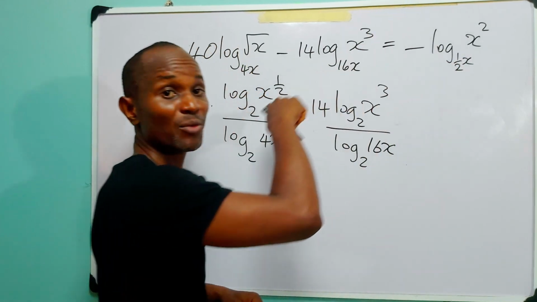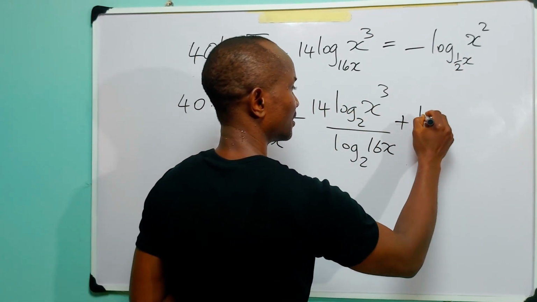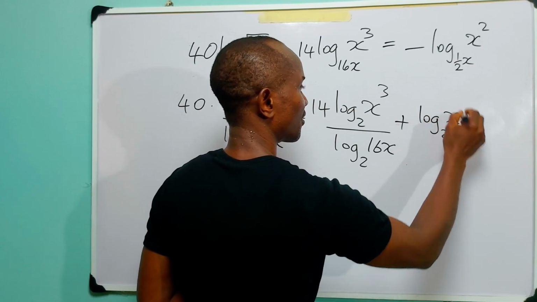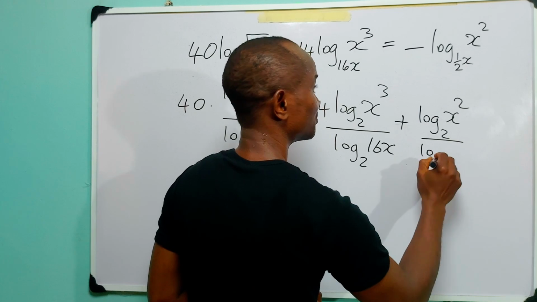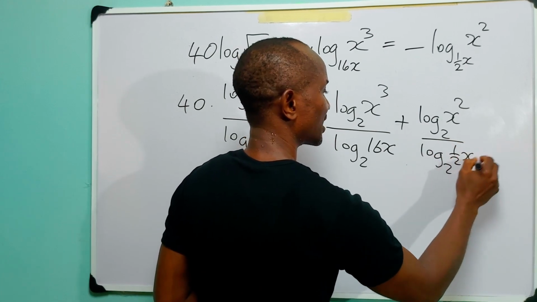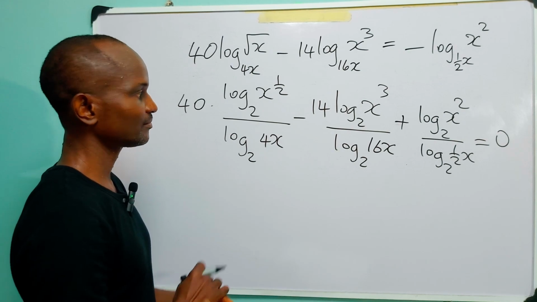Now let us bring this term over to the left hand side. So we have plus log to base 2 of x squared divided by log to base 2 of half x, and everything is equal to 0.